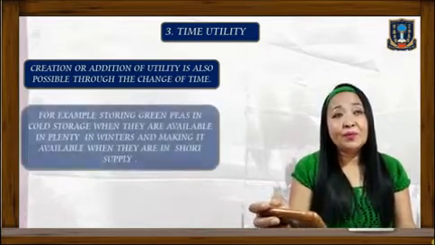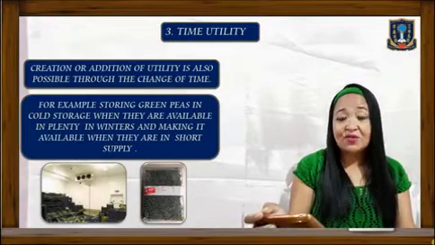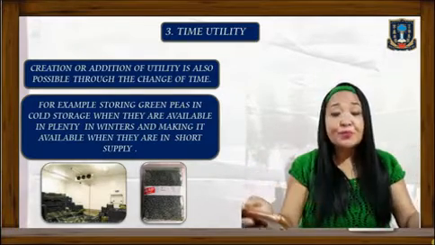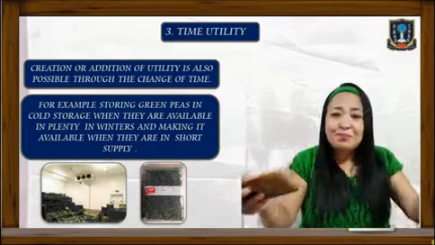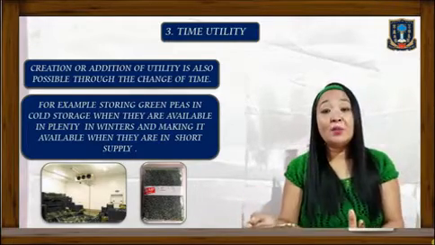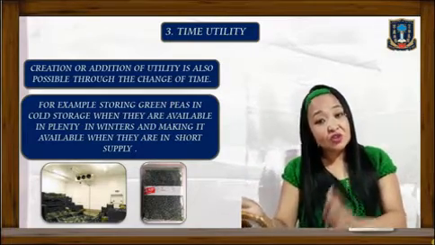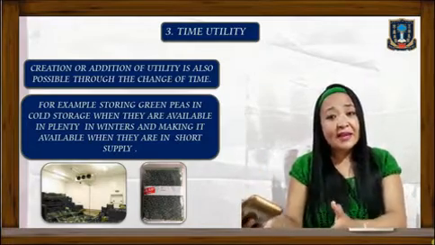Like, for example, during the winter season we get plenty of green peas, isn't it? Fresh peas. Okay, so by storing these fresh or green peas in a cold storage when they are available in plenty, and making them available at the time when they are in short supply, when you make them available at that time, then what happens?